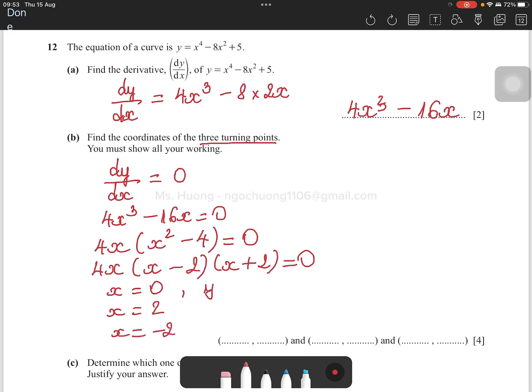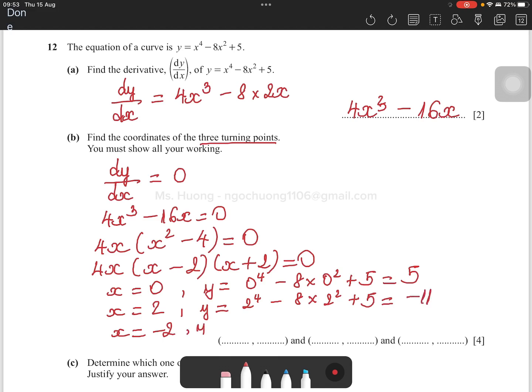When x equals 0, y is equal to 0 to the power 4 minus 8 times 0 squared plus 5, which is 5. When x equals 2, y is 2 to the power 4 minus 8 times 2 squared plus 5 equals negative 11.